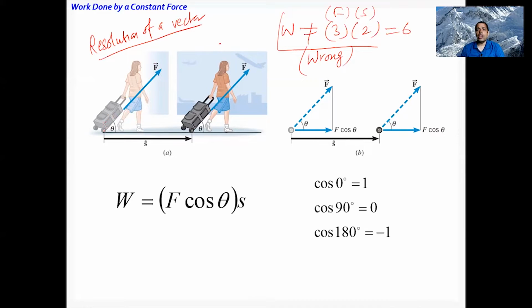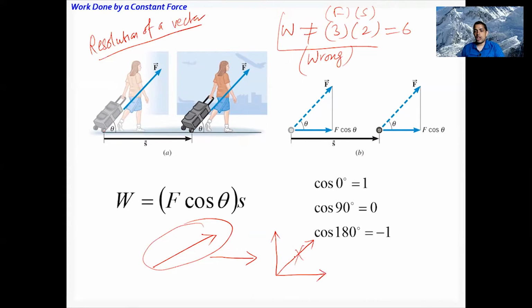Suppose you have a vector like this. You can split this vector into two parts. When you split it, you will get two components. So this is your vector.